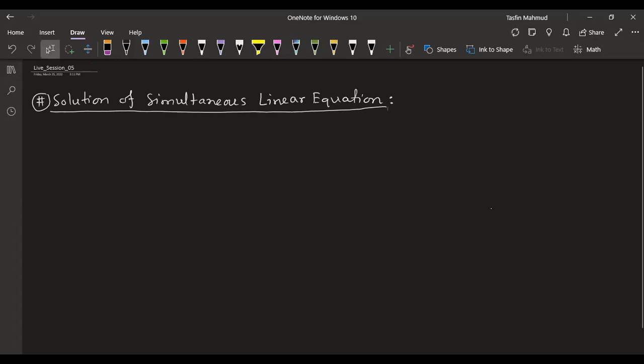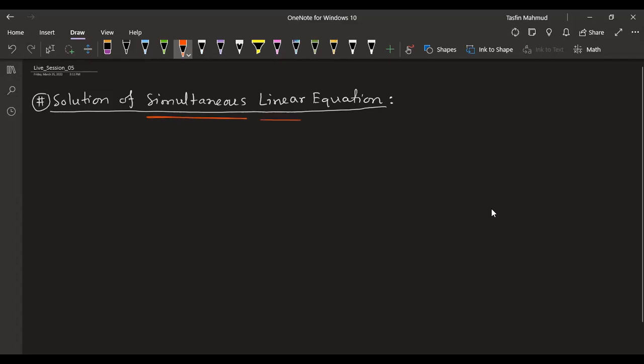Okay, so we will have a set of equations actually. If we want to discuss each of the words, simultaneous means we will have some equations and we will have to solve them simultaneously, at the same time.